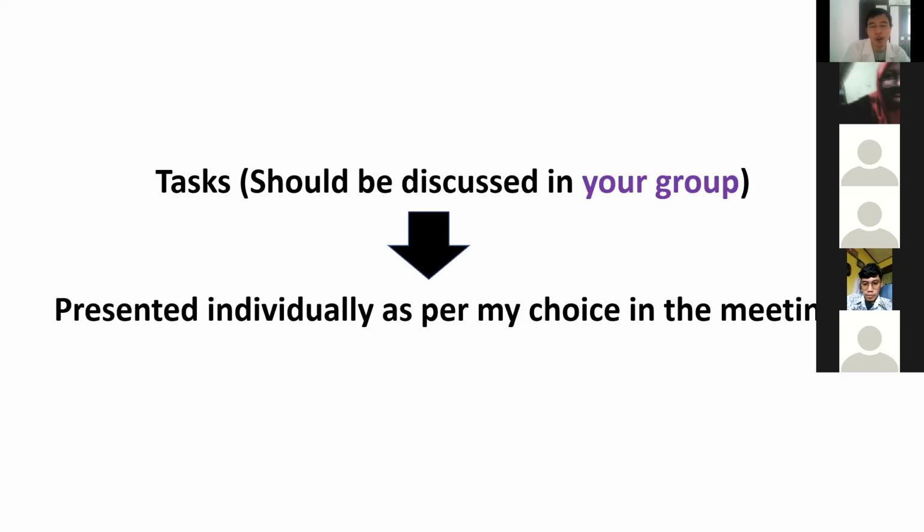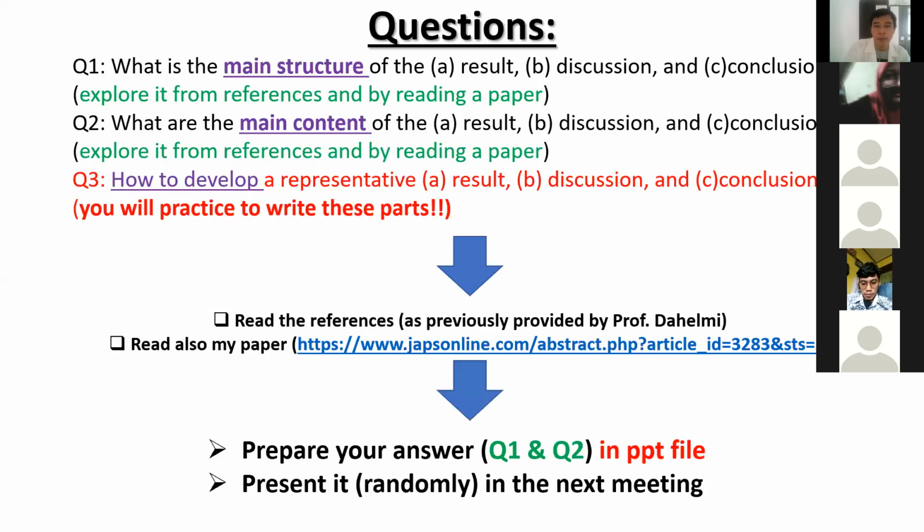So you should prepare for everybody. Prepare your PowerPoint based on your groups, of course. The PowerPoints are prepared by your groups, but you will present as individuals. So this is the task for you. For the next weeks, we will discuss only the first question and second question.